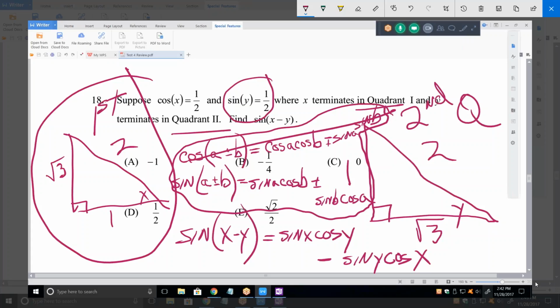So, square root of 3 over 2. Now, what's the cosine of y looking at the other triangle? Square root of 3 over 2 as well. Plus or minus? Minus. Correct. So I'm multiplying it by minus square root of 3 over 2.